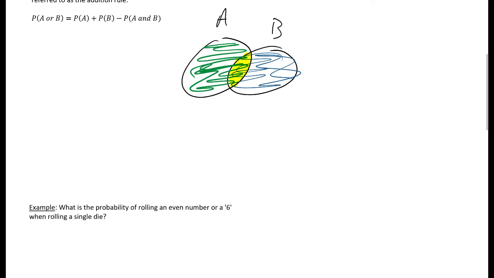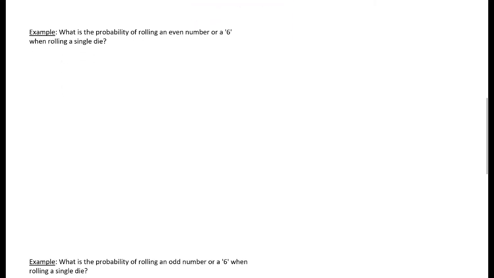Okay, to an example. What is the probability of rolling an even number or a 6 whenever we're rolling a single die? All right, so as we did in the previous video, I highly recommend you write out what your events are. For this, I'm going to let event A represent that we roll an even number.